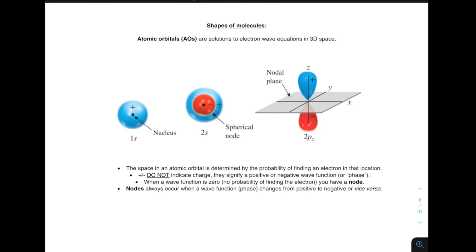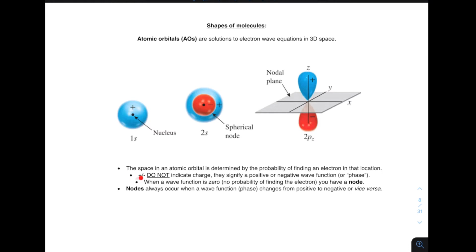But in general, the space in an atomic orbital is determined by the probability of finding an electron in that location. In the case of the p orbitals, there's a sort of plane in between the lobes, the positive and negative phase lobes, where there is no probability of finding an electron. That's what is called a node.